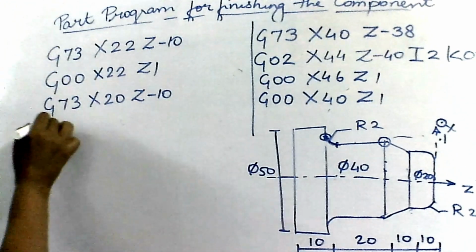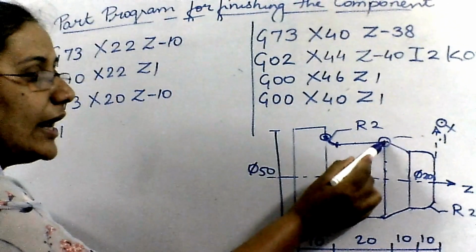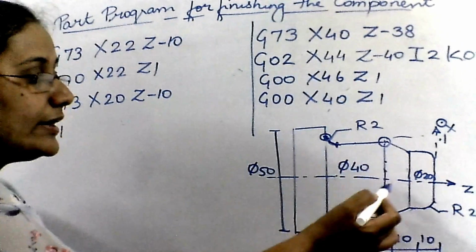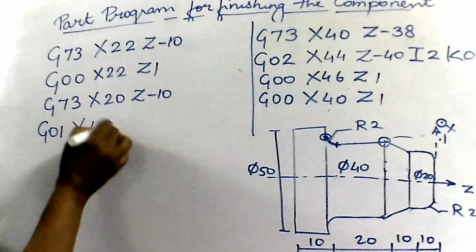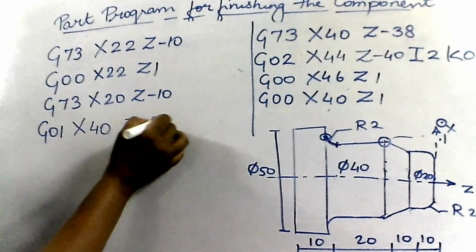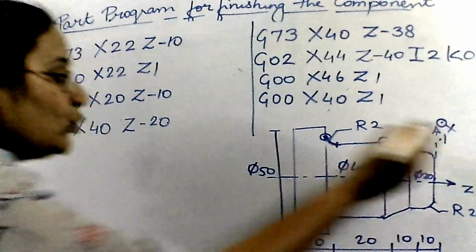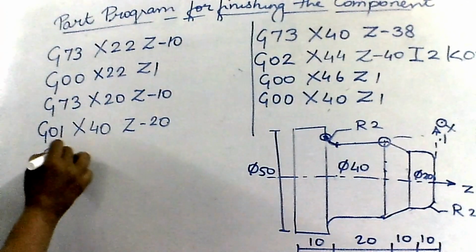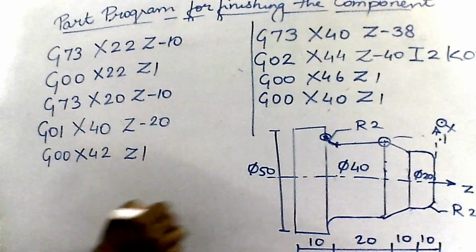So that would be linear interpolation. So G01 and I have to specify the coordinates of the end point. So the coordinates of this point is X40 and Z would be minus 20. Once this is done, I'll take my tool out. So it would be G00, X42, Z1.